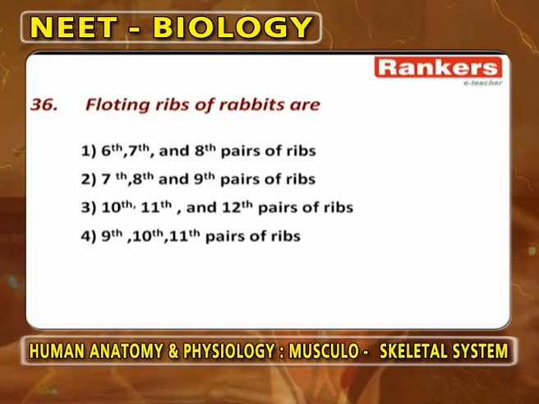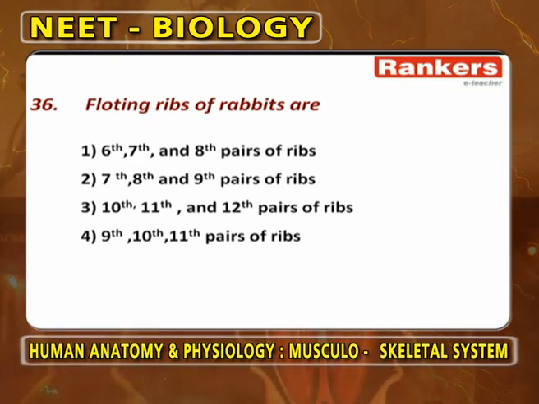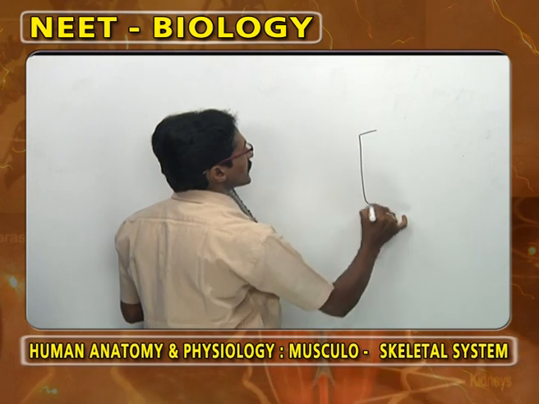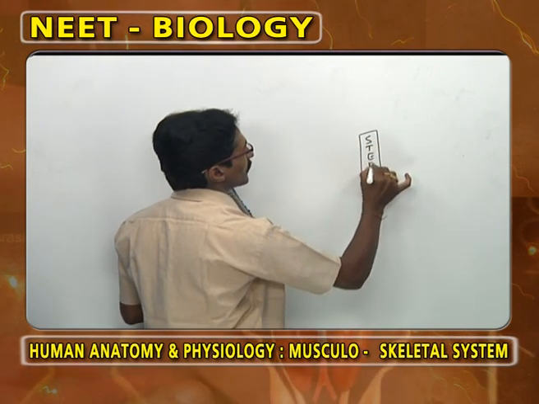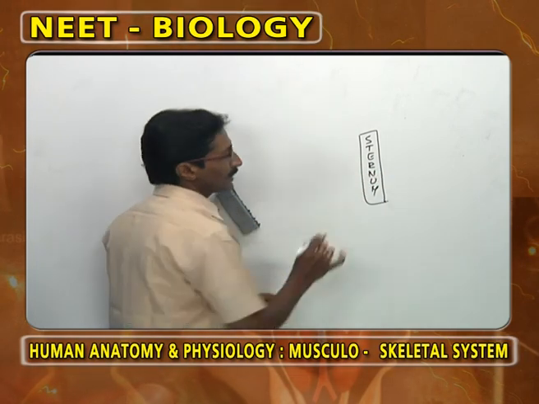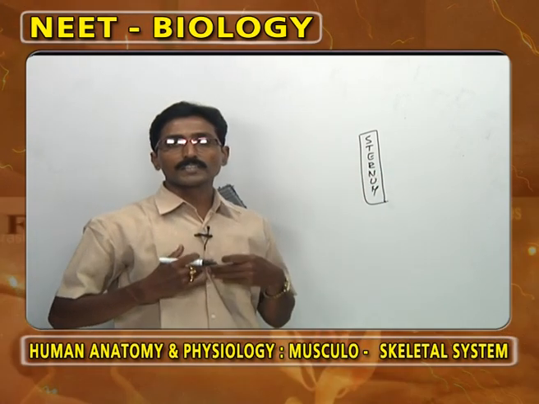Floating ribs of rabbit. Now, this part we call the sternum, on the ventral side of thorax.